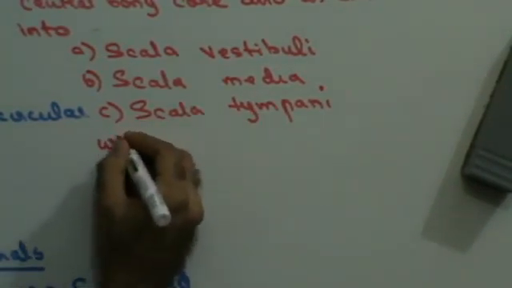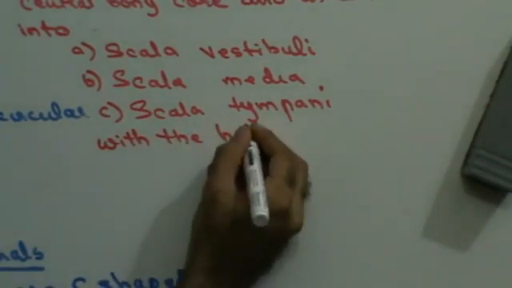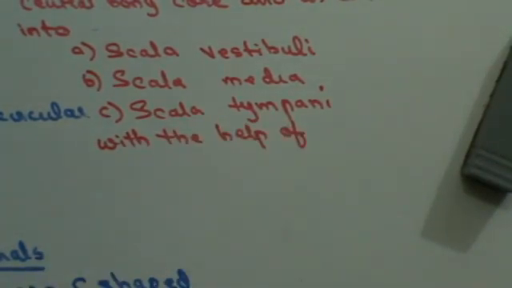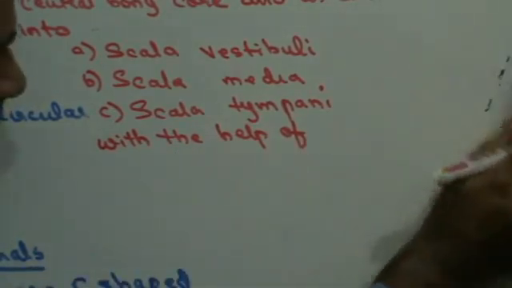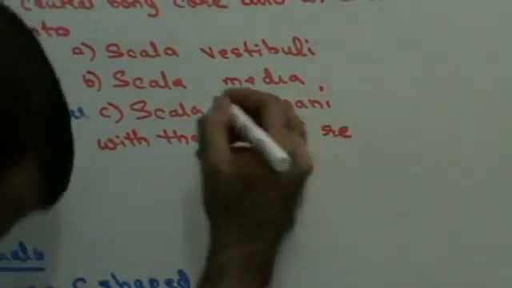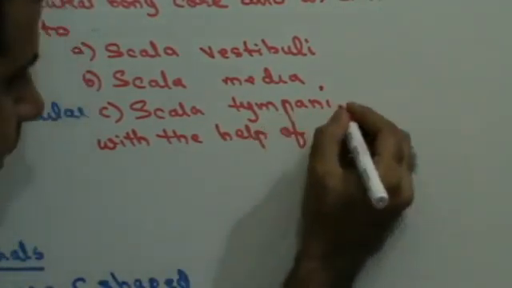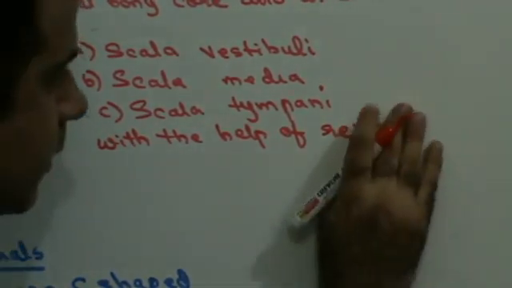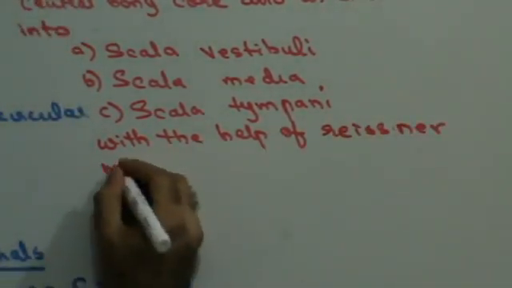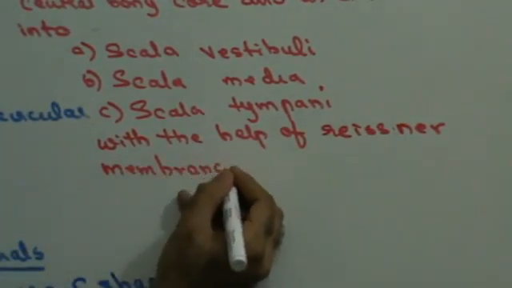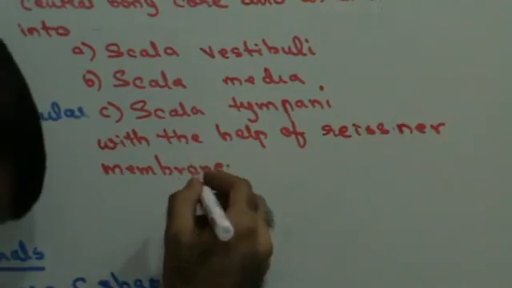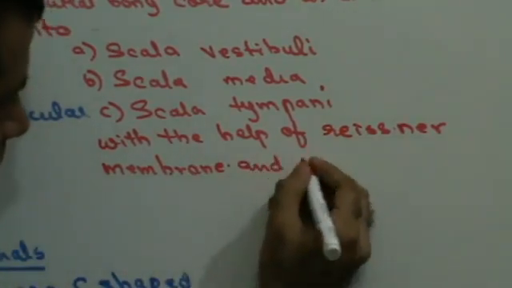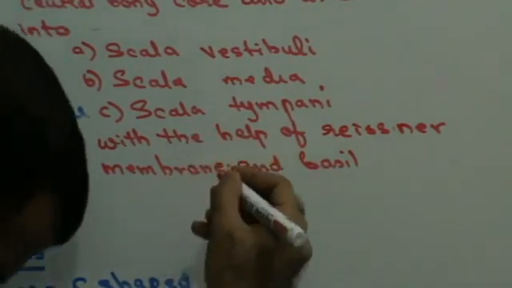You would have 2 3/4 coils made around these three bony structures with the help of two kinds of membrane: the Reissner membrane and the basilar membrane.